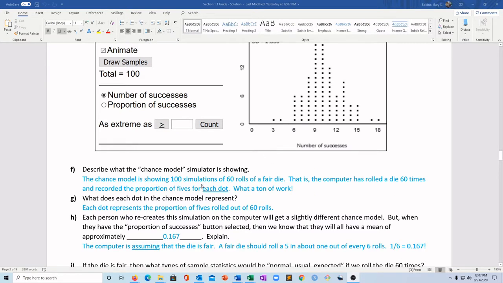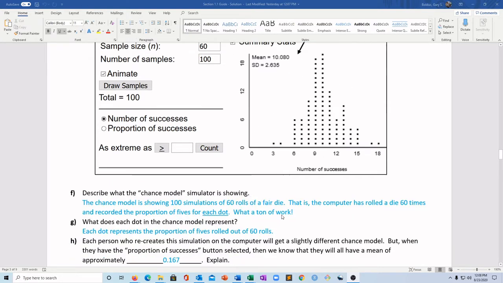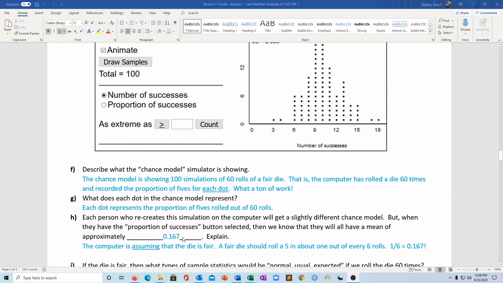Okay, H. Each person who recreates the simulation on the computer will get a slightly different chance model. Go try this. Whenever we're doing these things, make sure you're actively trying to do and answer the questions before I get there, trying to use the simulation too, so we can kind of try to stay together. You should get a picture that's very similar to this, but not the same. So why then will everyone have a mean that's close to this?